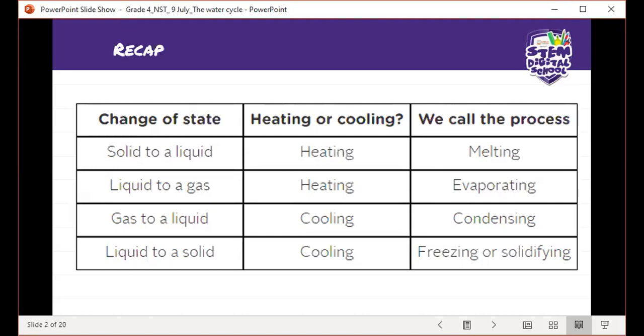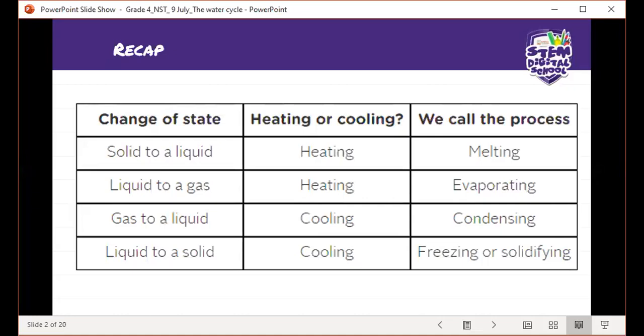Then we looked at how a gas changes to a liquid, and we said that it needs to be cooled, and that process is called condensing. We also looked at how a liquid changes to a solid, and it needs to be cooled, and that process is called freezing or solidifying.